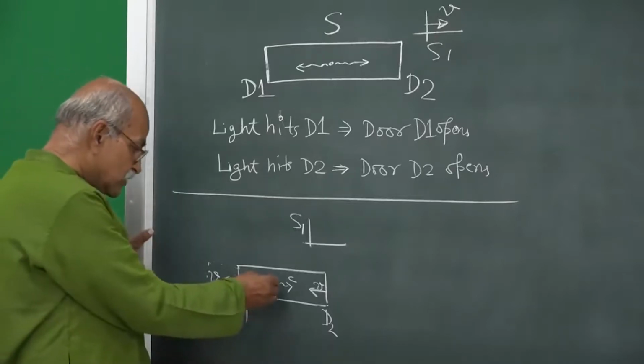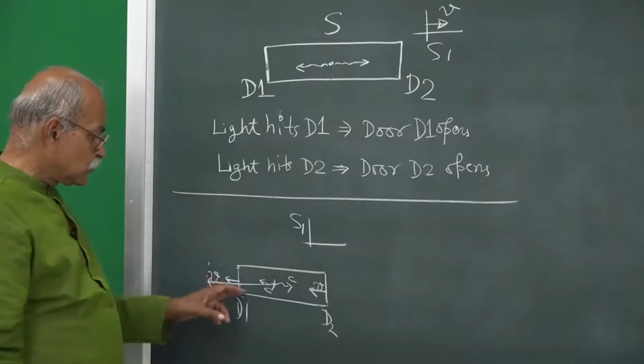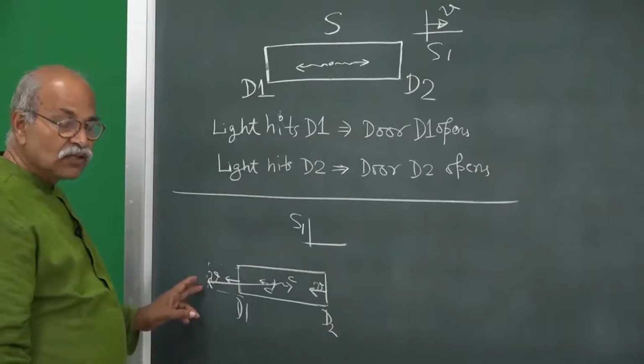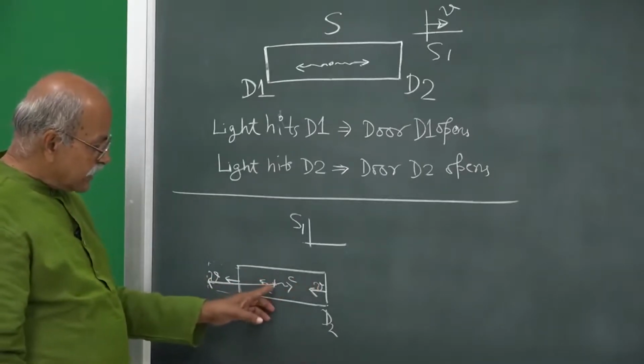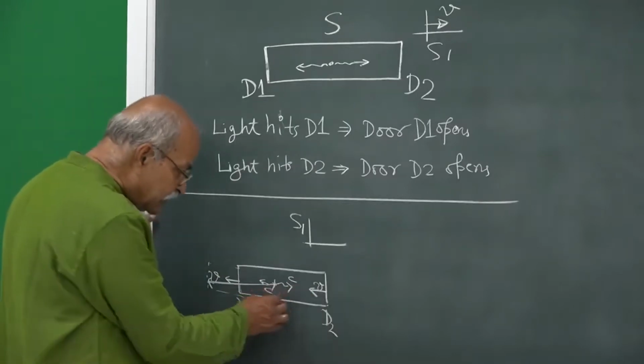And so, this light has to travel this much distance to reach this door D1. On the other hand, when light pulse is emitted, D2 is here, and therefore, D2 is coming in this direction.